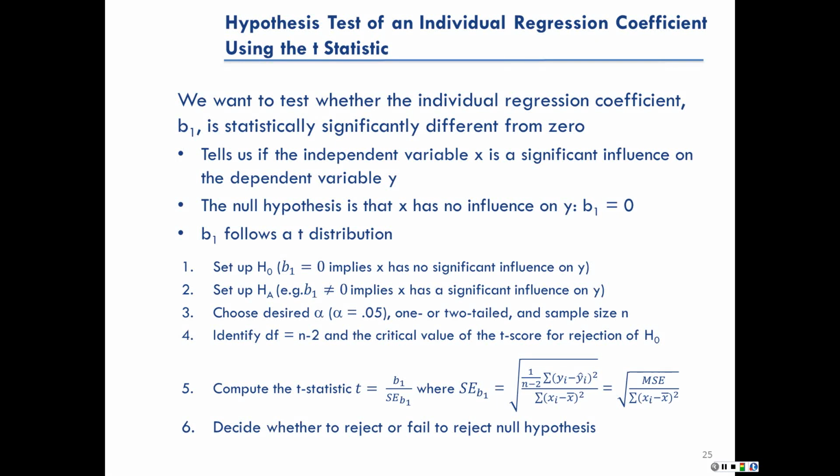Beta 1 follows a t-distribution. Because of the assumptions in linear regression, beta 1 always follows a t-distribution, so we use the t statistic. You have had a lot of experience now, based on our assignments, using the t-distribution. So the steps of hypothesis testing here are, first of all, you set up your null hypothesis that beta 1 equals 0. Secondly, you set up your alternate hypothesis, which is that beta 1 does not equal 0.